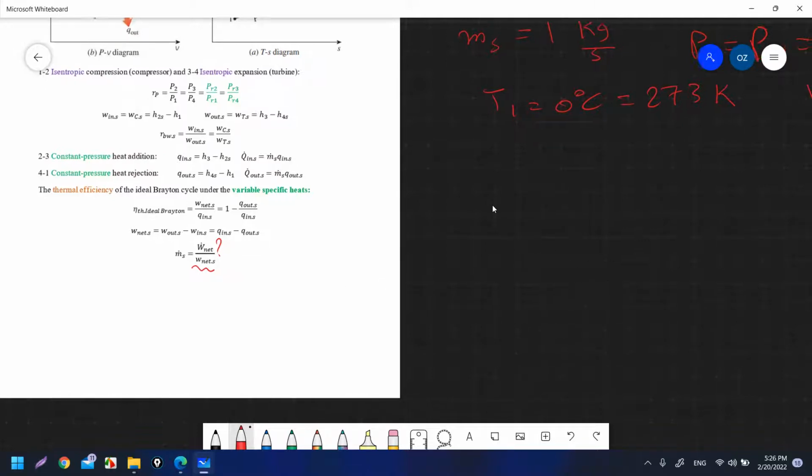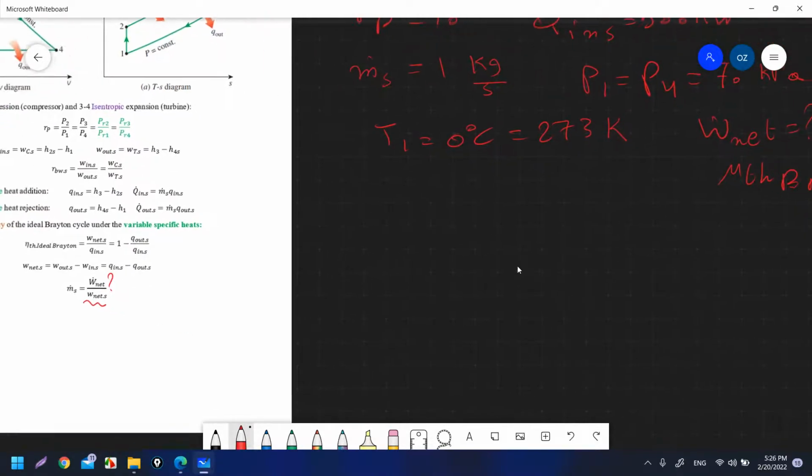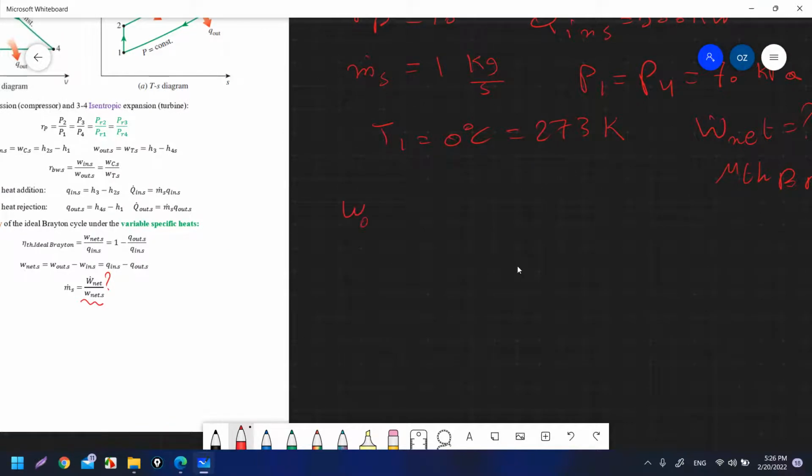Okay, so how can I find, let's start as we did before, the w out s. You will not find it because it is at states 3 and 4. Okay, h3 minus h4. You usually start with qn and wn. So w out s is equal to h3 minus h4s.